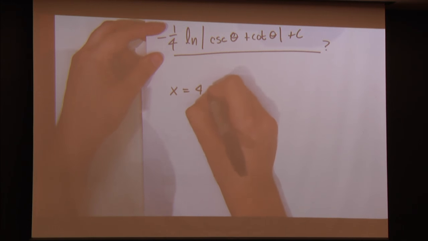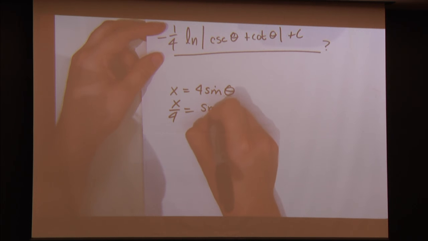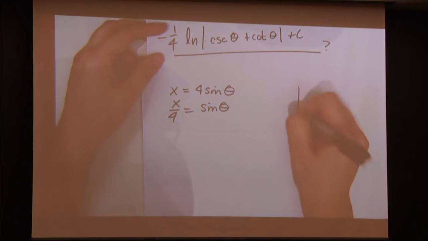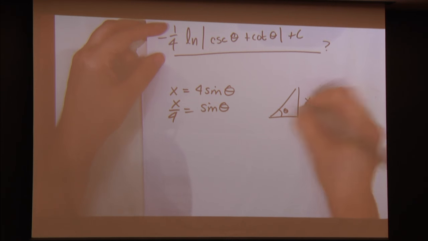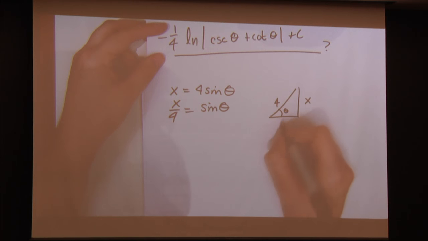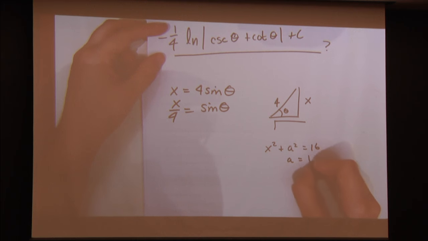X is equal to 4 sine theta. So x over 4 is equal to sine theta. Triangle. Opposite is x over hypotenuse, which is 4, which means if I have x squared plus some constant I don't know equals 16, that means the adjacent is the square root of 16 minus x squared.